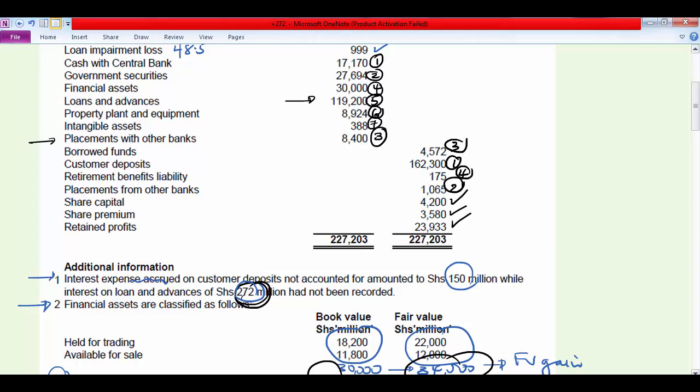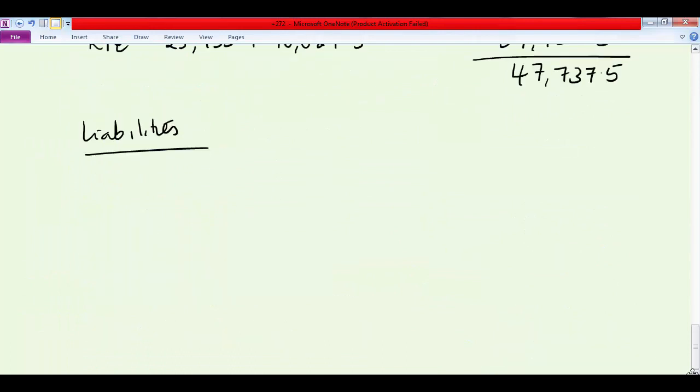Now, has any of them been adjusted by the notes? And the answer is yes. Note number 1 mentioned that the interest expense on accrued customer deposits and not accounted for amounted to 150 million. So this 150 million goes on to increase the liability. So to this one, we must add 150. So let's just note those down.